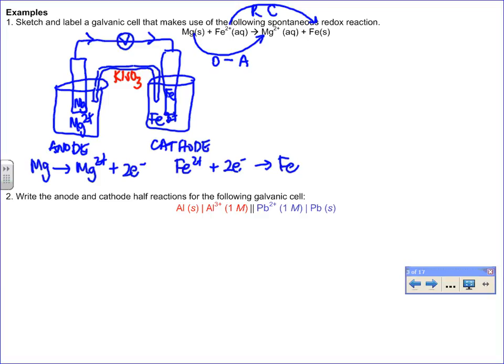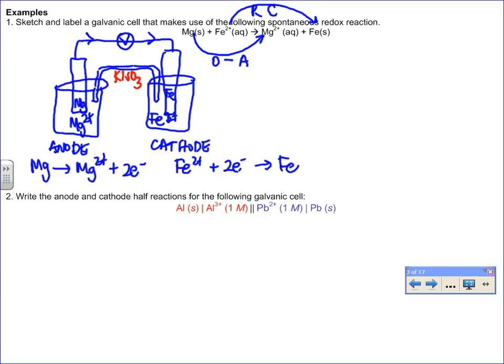The chloride and the silver will form a precipitate, and so that's not a good choice for a salt bridge solution. So I like to use potassium nitrate because both potassium and nitrate have very low reactivity, and they don't form precipitates with anything, so they end up being a good choice.